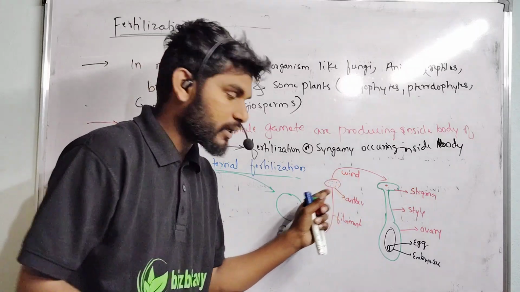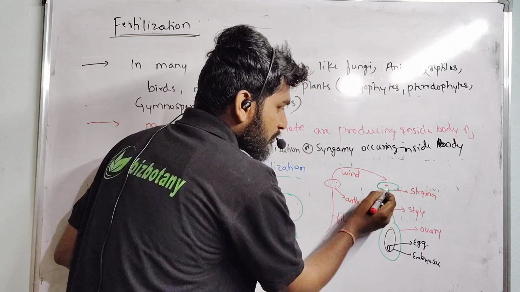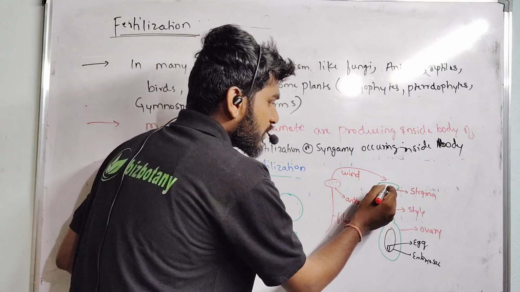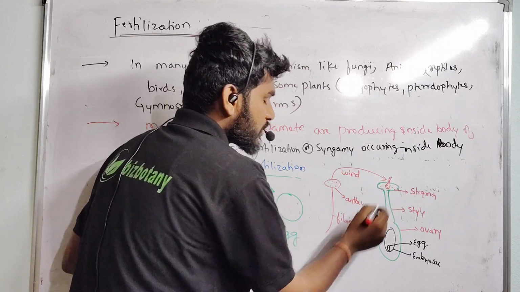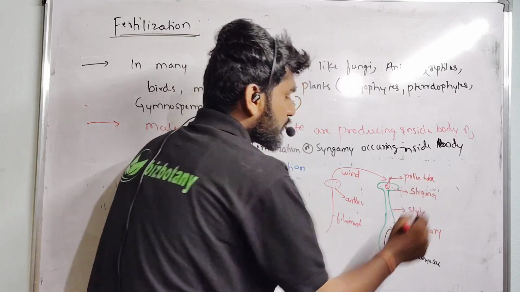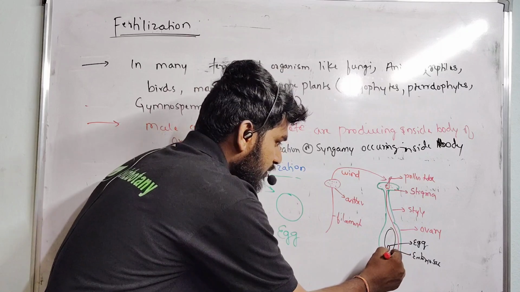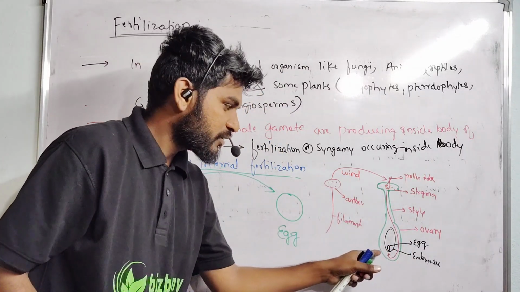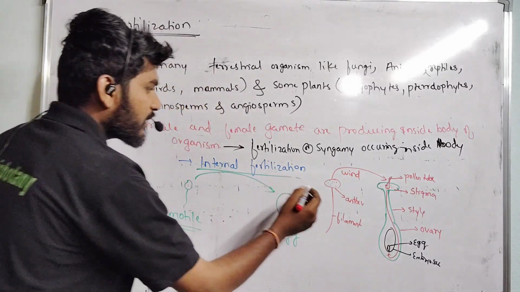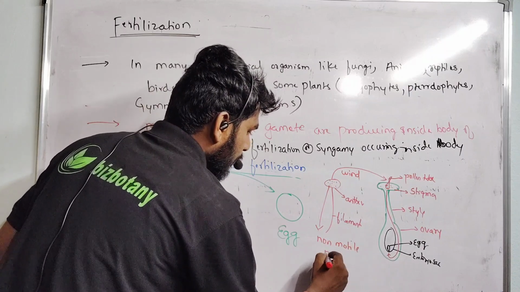Even though they are non-motile, due to the presence of nectar on the stigma, the pollen grains undergo germination and form a pollen tube. This pollen tube reaches the female gamete for syngamy, in case of non-motile pollen grains.